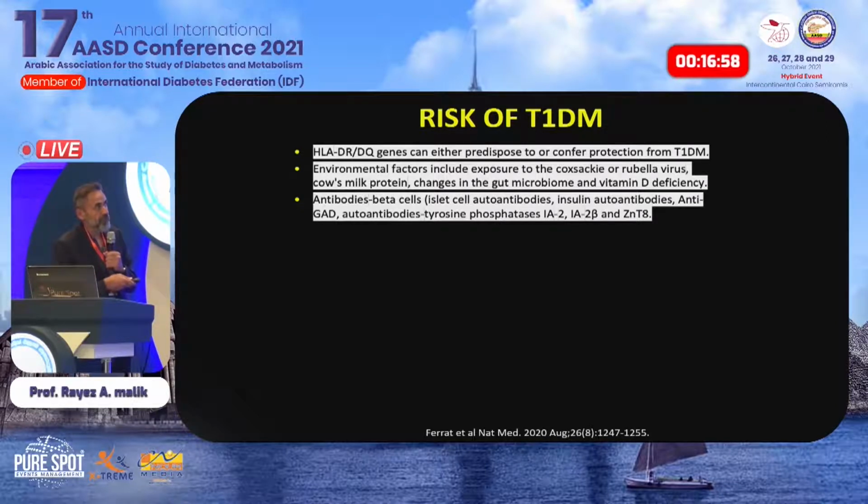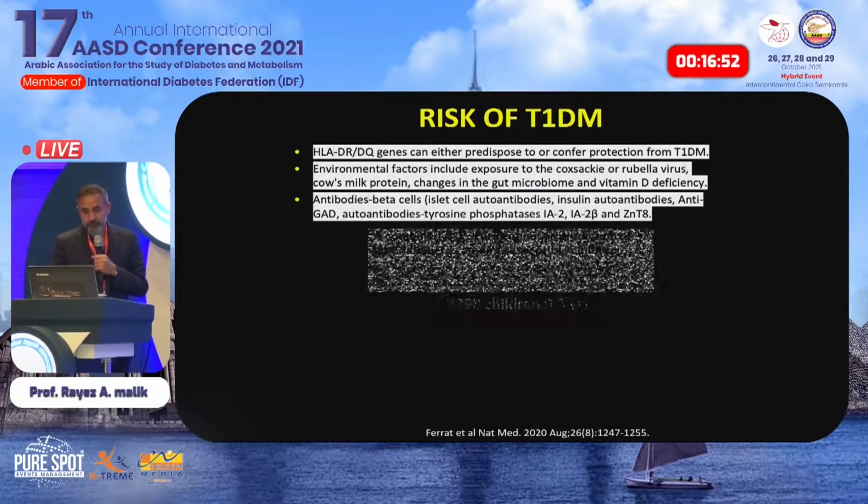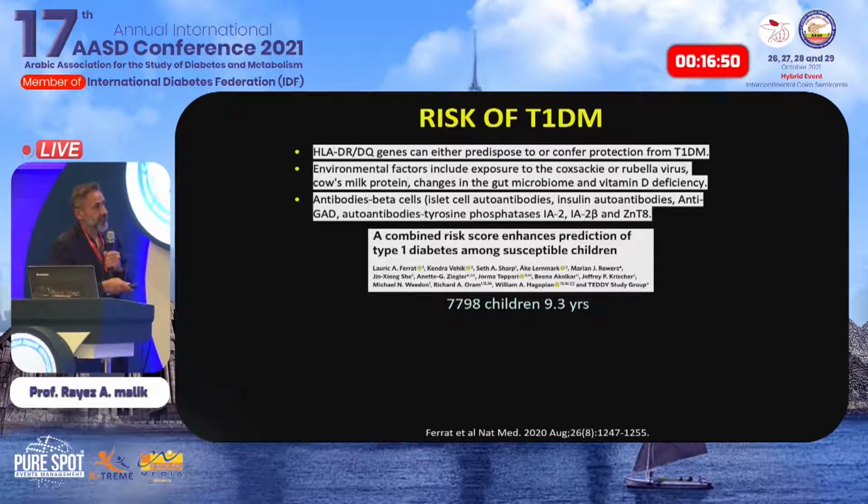So we know that this is an immune process which may be modified by the environment. And in fact, there is a recent study published in Nature Medicine from the TEDDY study group, which looked at 7,000 children over 9.3 years to determine how we might be able to predict those patients who might develop type 1 diabetes.